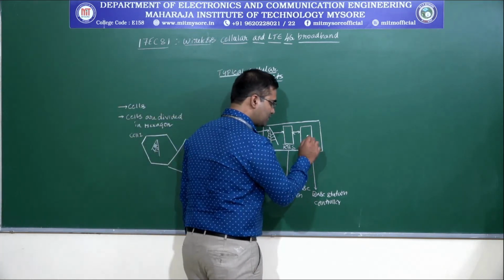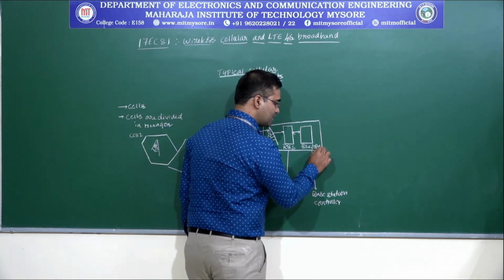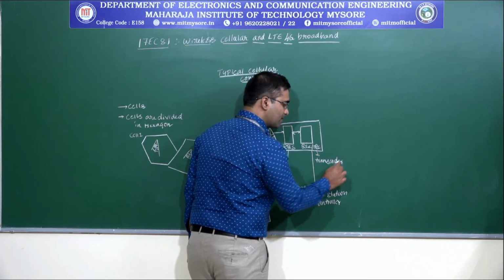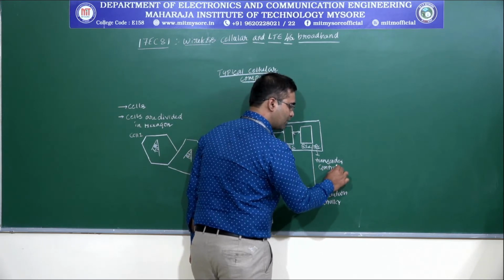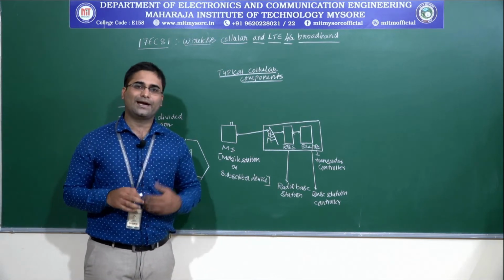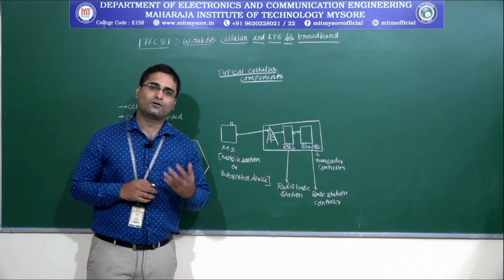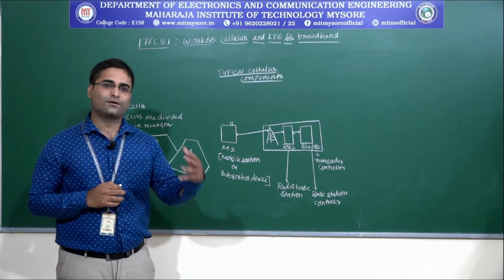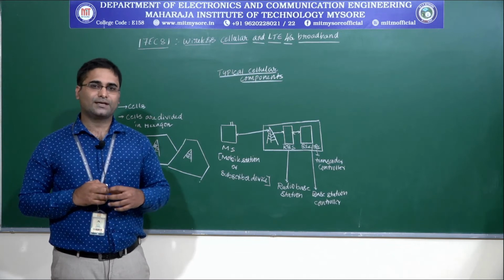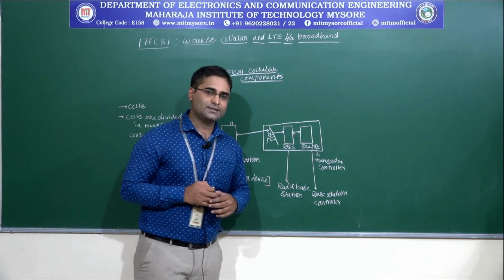And in this component of BSC, we do have TRC, which is called a transcoder controller, and this transcoder controller performs the operation of rate adaptation. When a signal is converted from analog to digital, or digital to analog, numerous rate adaptations have to be performed such that a signal moves from the sender to the receiver, and it is performed by the TRC.